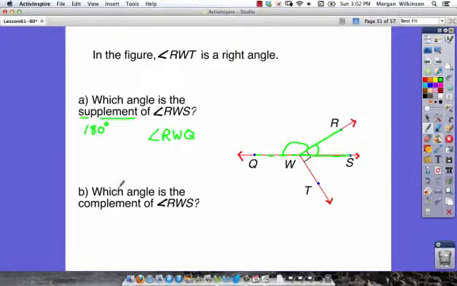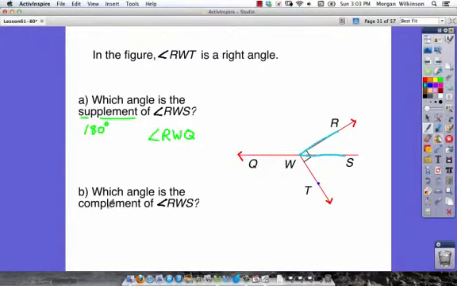Question B says, which angle is the complement of angle RWS? So let's erase a little bit of our work. If we want to find the complement of angle RWS, we'll use a different color this time. We'll use light blue. So R to W to S, and we want to find out the complement.